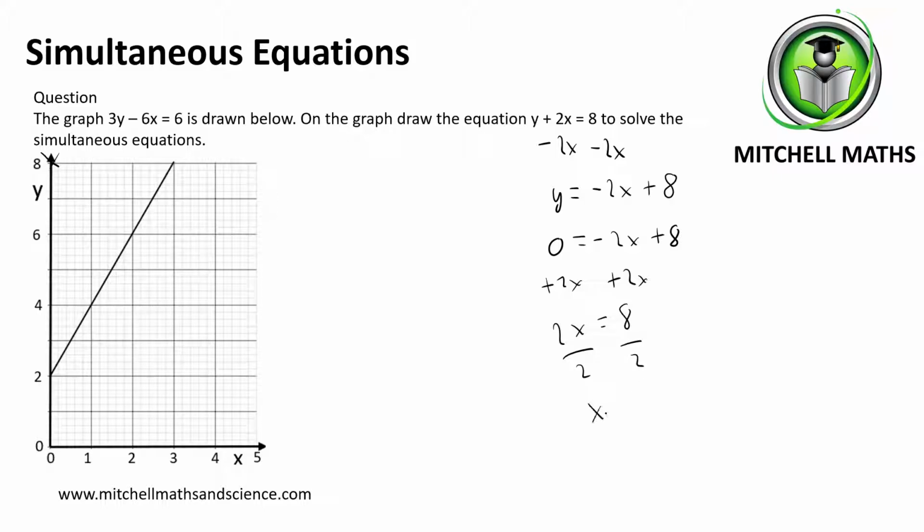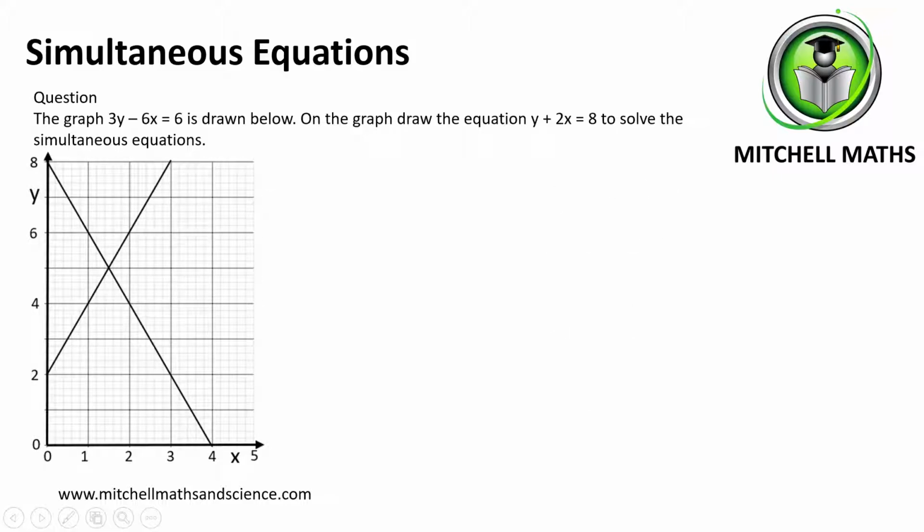And that'll give me my x value, which is 4. So the x-intercept is at x equals 4. And then I draw a straight line from 4 to 8, which is shown here.